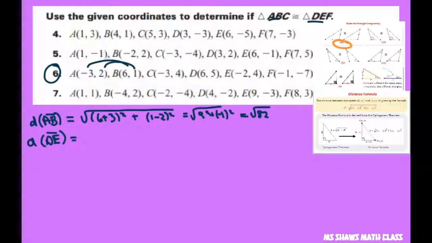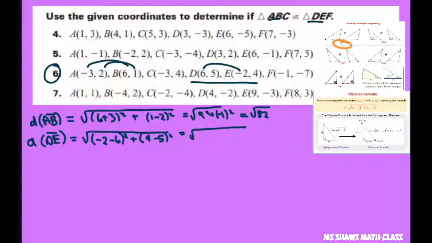So let's try DE. We're doing these two. So negative 2 minus 6 squared plus 4 minus 5 squared. Now that gives you negative 8 squared plus negative 1 squared.